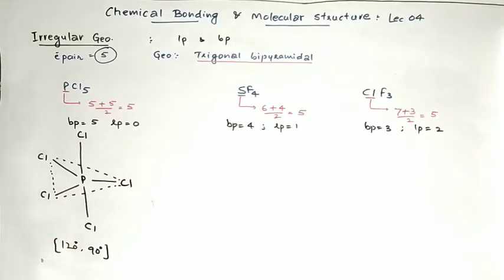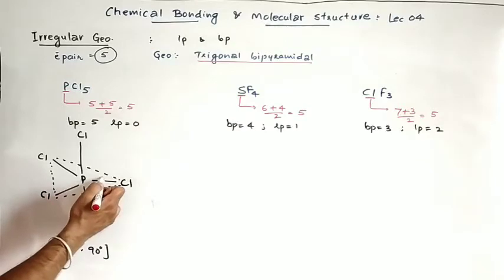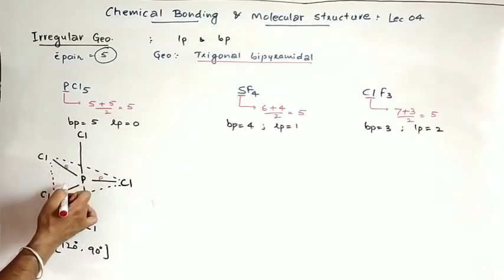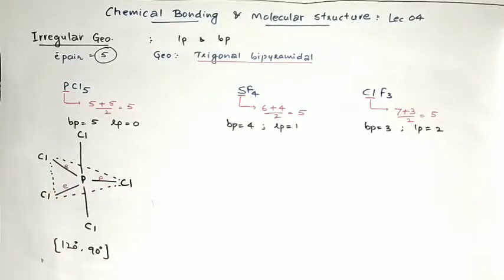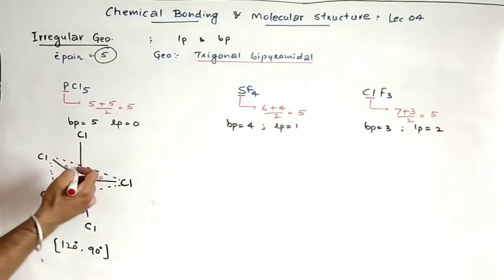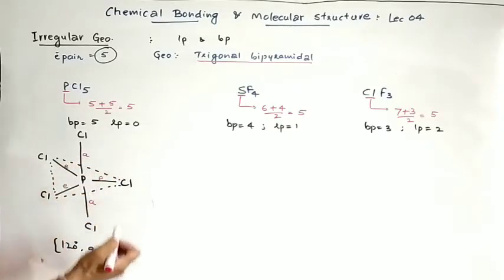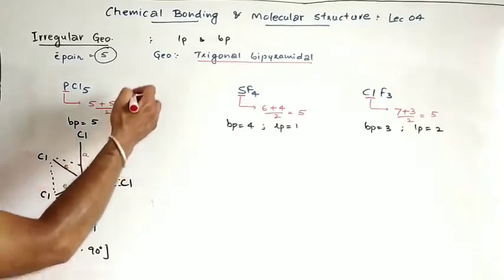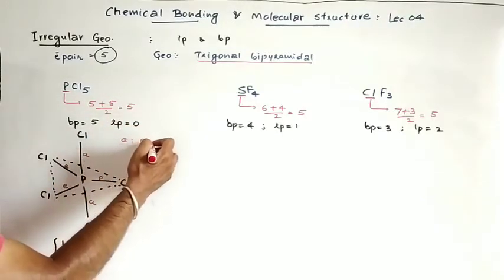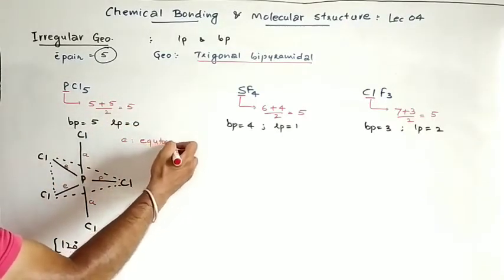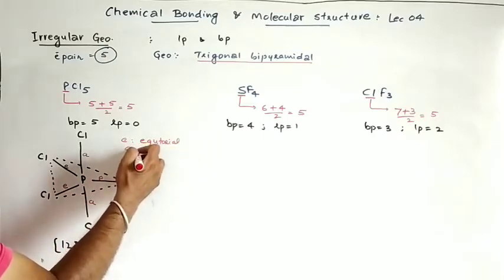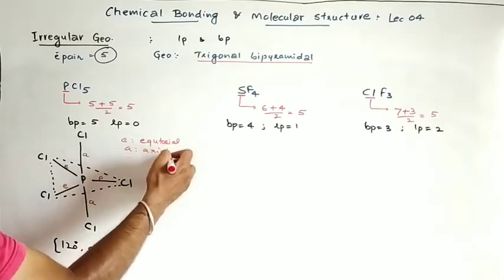There are 2 types of bonds in this molecule. These 3 bonds are called equatorial bonds. Equatorial, I mean one plane. And these 2 bonds are called axial. Okay. E means equatorial, A means axial.